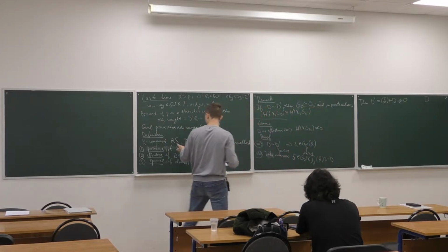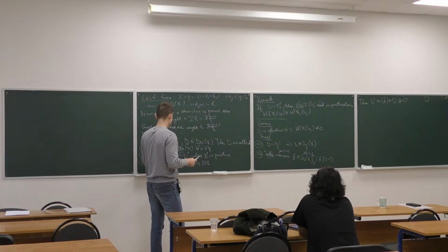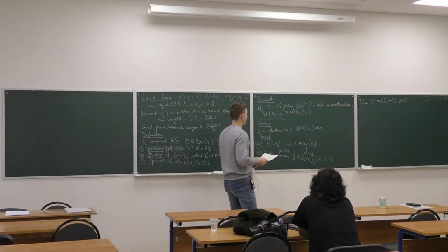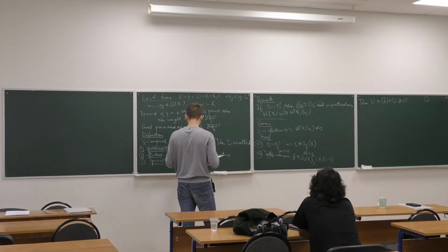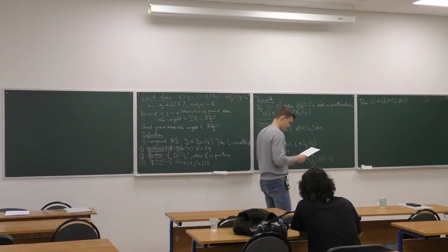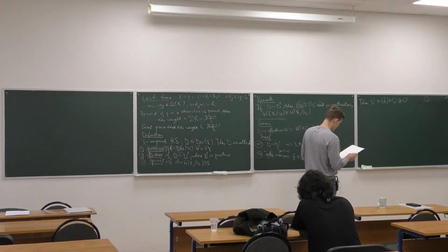So basically these are symmetric definitions: a divisor is called effective if the zeroth cohomology group is non-trivial, and special if the first cohomology group is non-trivial.